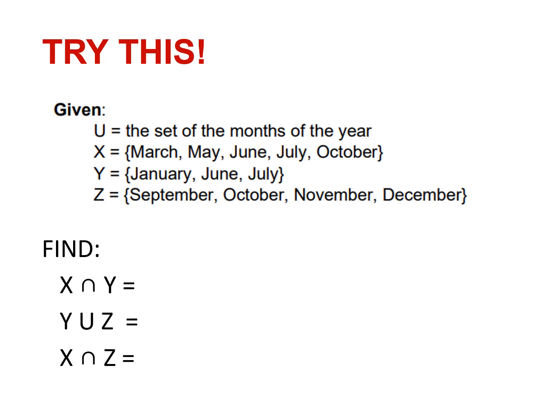Set Z: September, October, November, and December. What you are going to do is find X intersection Y, Y union Z, and X intersection Z. I would like to request everyone to pause your video to answer the activity. Go.